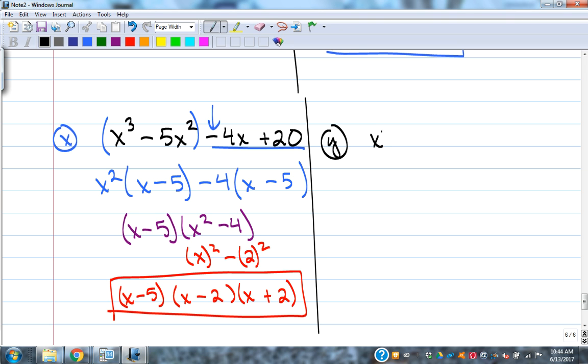Let's try this one. x to the 4th minus 16. I'm thinking difference of squares because it's got a 4th power instead of a 3rd power or a 6 or something like that.